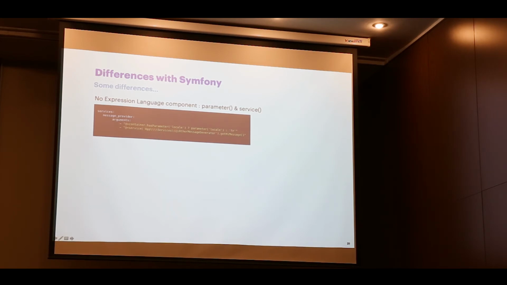It's very important to have the parameters sometimes. I like this example because you can use the service tag to get the result of an object method to build your object. Well, Expression Language is a very smart component. It's not actually available inside the core.